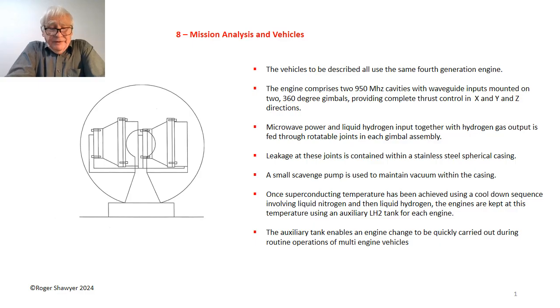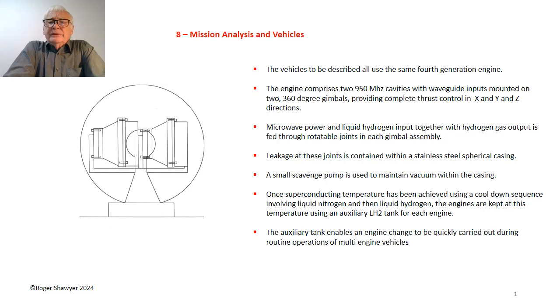It's a fairly lengthy process to bring down these cavities to 20 degrees K so that we can get superconducting operation of the cavity walls and achieve maximum thrust. So the cool down sequence actually involves, first of all, using liquid nitrogen, and then finally liquid hydrogen.